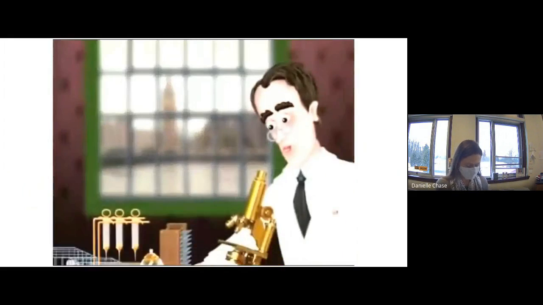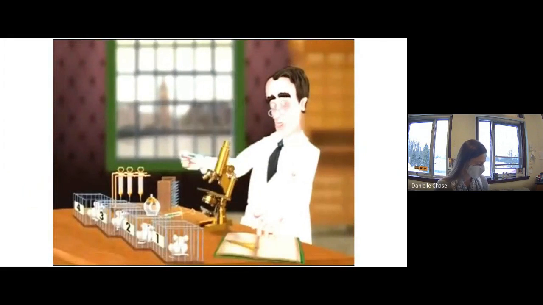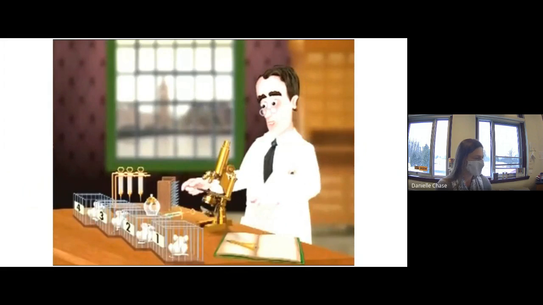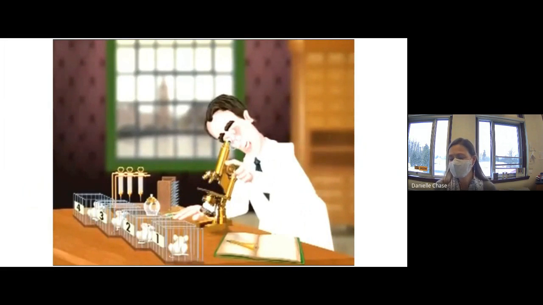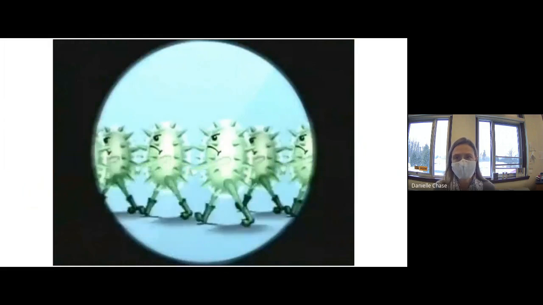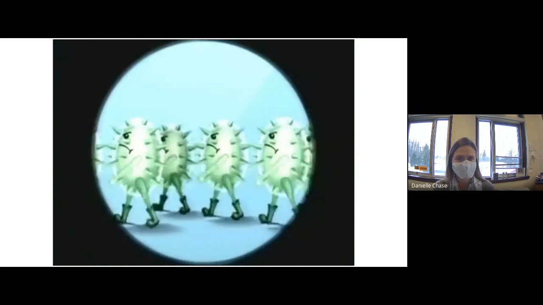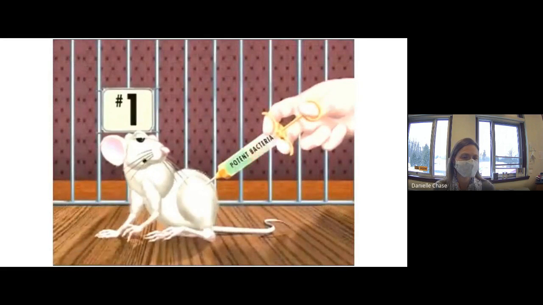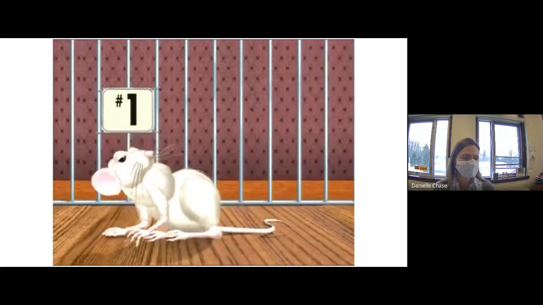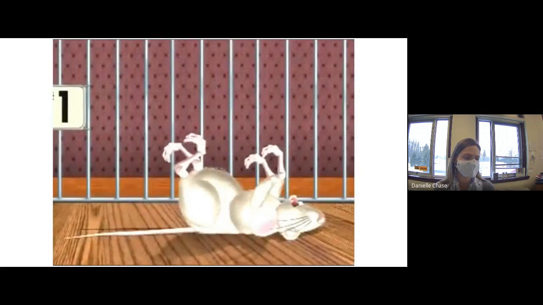The first took place in 1928 in the London lab of Frederick Griffith, a physician. He was studying 2 different strains of a bacteria called pneumococcus. One strain had an outer capsule that was highly infectious. When Griffith injected these potent bacteria into a lab mouse, it got sick and died. No surprise there.